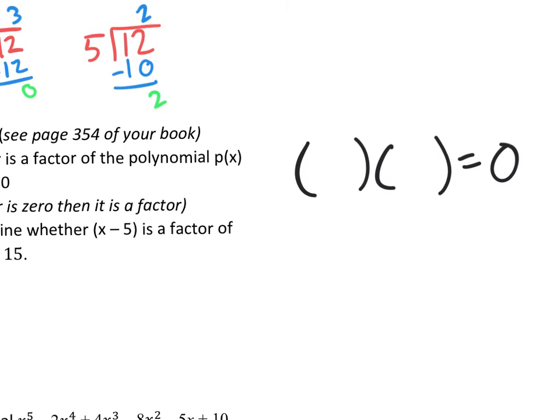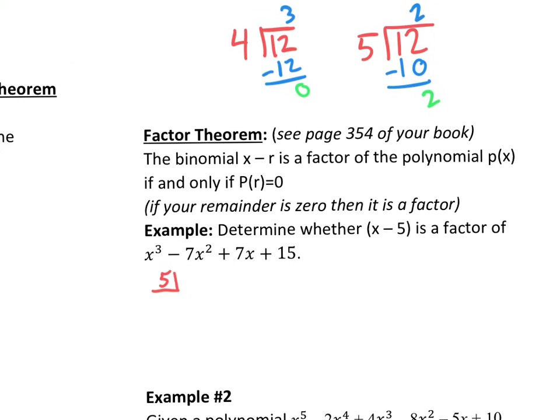So if I were to factor a polynomial and I end up with something times something, I could split it and say this equals 0 and this equals 0. So whatever this is, like if it were x plus 2, I'd have to solve it by going minus 2 on both sides. And that's exactly why, when we're doing synthetic division, we plug in a 5 instead of a negative 5.